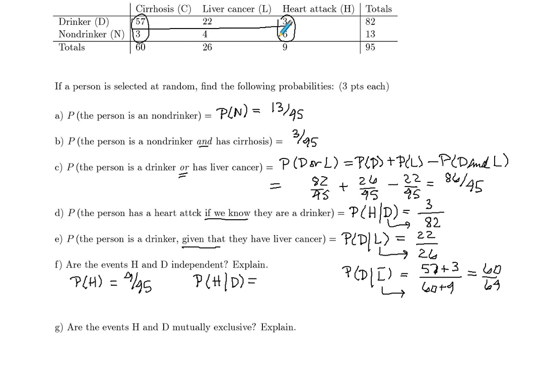So out of that first row, which is the 82, your given condition here determines the denominator. So out of 82, how many had a heart attack? 3. And these guys are definitely not equal. So 9 out of 95 is certainly not equal to 3 out of 82. And if you change them both to decimals, you see they're not equal. So these are dependent.